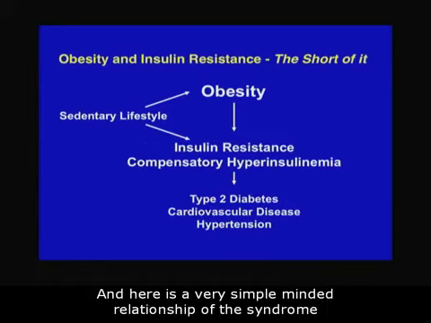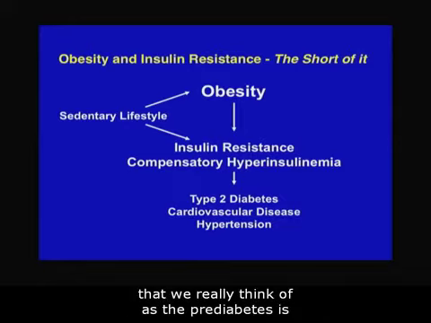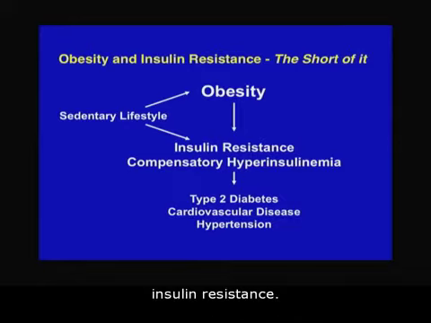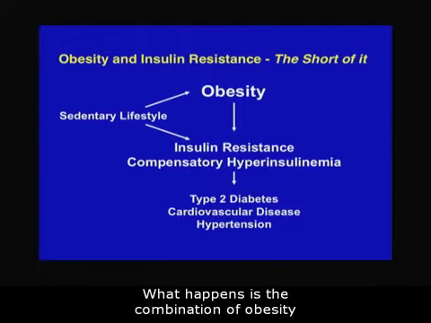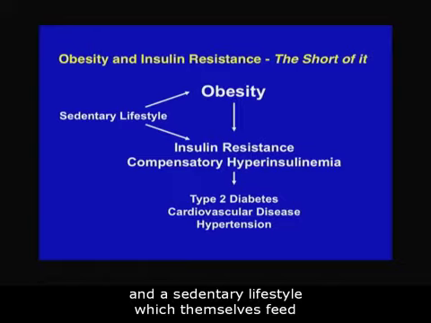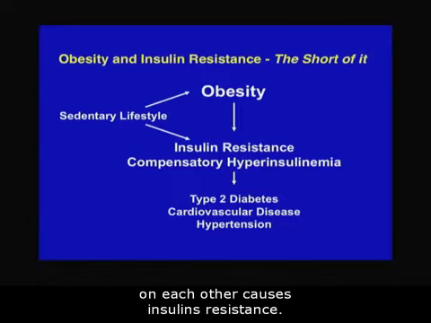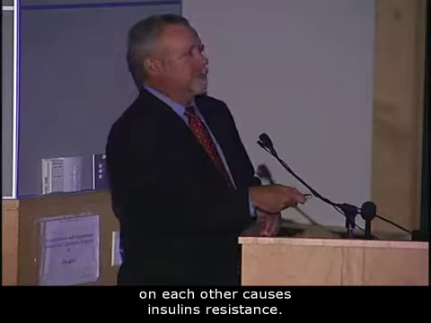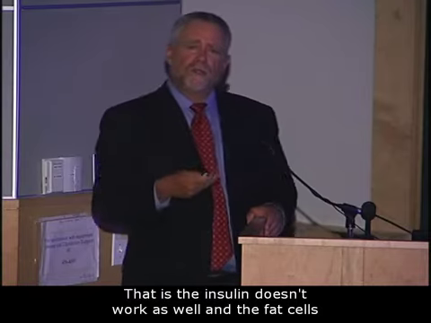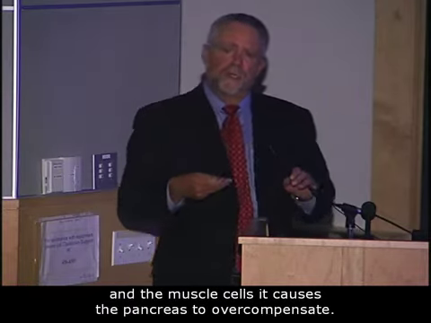And here's a very simple-minded relationship of the syndrome that we really think of as prediabetes, which is insulin resistance. What happens is the combination of obesity and a sedentary lifestyle, which themselves feed on each other, causes insulin resistance. That is, the insulin doesn't work as well in the fat cells and the muscle cells.